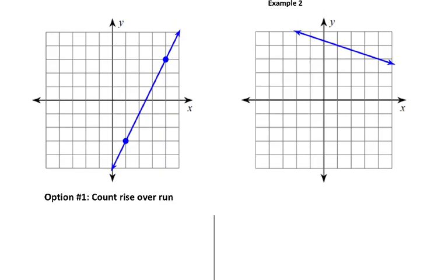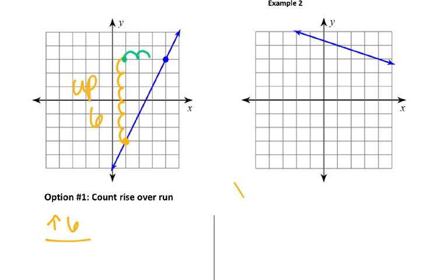If I do the counting, I'm going to start at a point. And first I'm going to count up or down. So if I'm here, I'm going to count 1, 2, 3, 4, 5, 6 spaces. I went up 6. So that tells me that that's positive 6. So I'm going to have up 6 over. I'm here now.